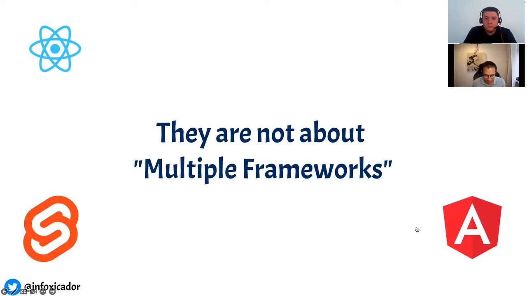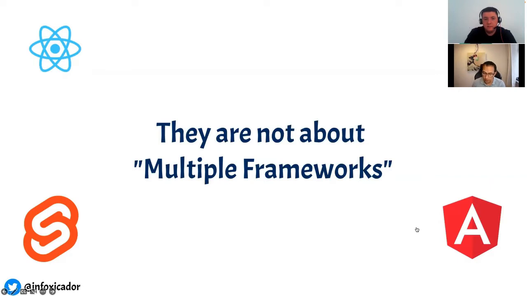Every single time I talk to someone about them, they say, well, I think mixing React and Vue and Angular and Svelte on the same page is not a good idea. And I'm like, yes, 100% agree. That is not a good idea. You shouldn't be mixing frameworks on the same page because it's a terrible idea. And we will see why it's a terrible idea. You probably know, mainly performance, but micro-frontends are not about multiple frameworks.